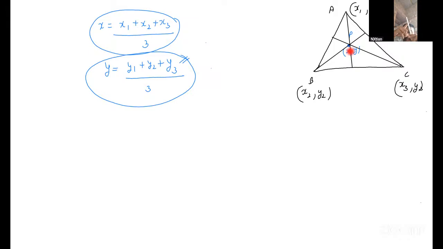The another median will pass this median in such a way that this above part will be 2 and the below part will be 1. For example, if this is 3 centimeter, the another median will cut in this way that the above part will be 2 centimeter and the below part will be 1 centimeter. That is the ratio in which medians will cut each other.